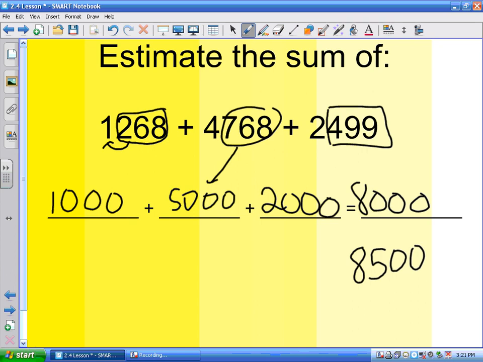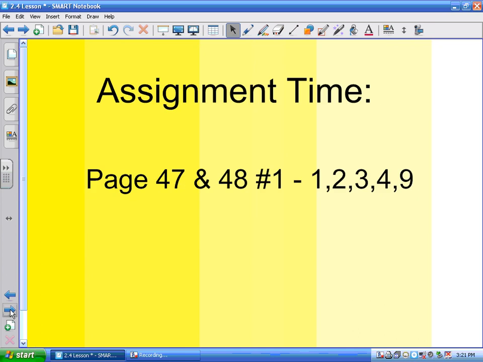So if I had just left that as 500, I'd have had 1,000 and 5 is 6,000, 7 and 8, and this 500 right here, 8,500. Now, do you have to be that accurate? It depends. We were doing it to the nearest 1,000, so you didn't have to be.